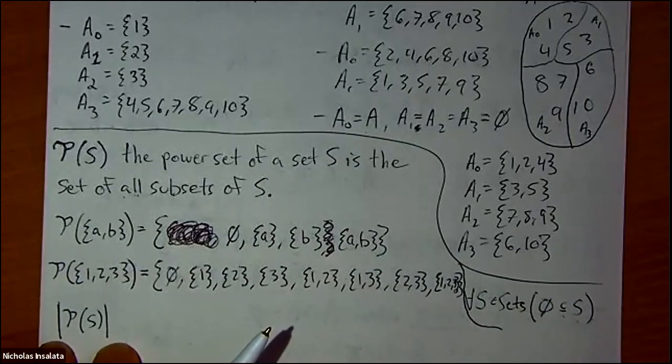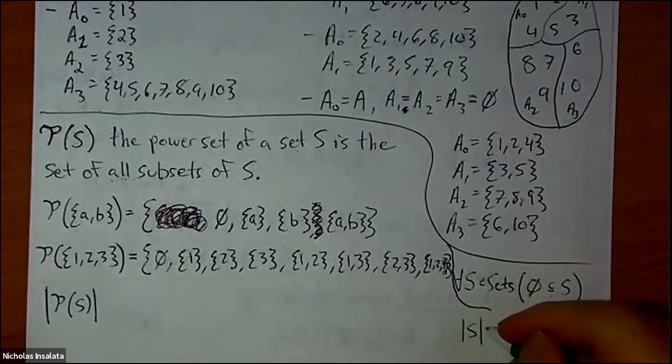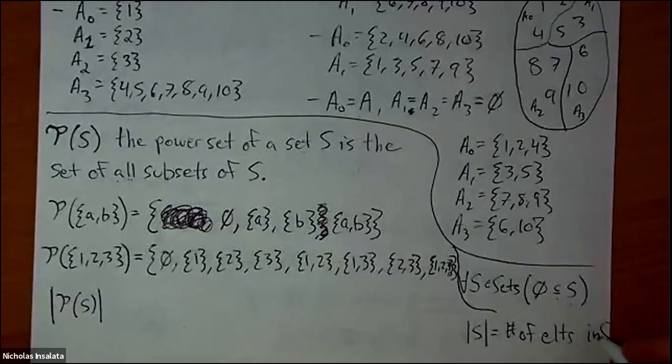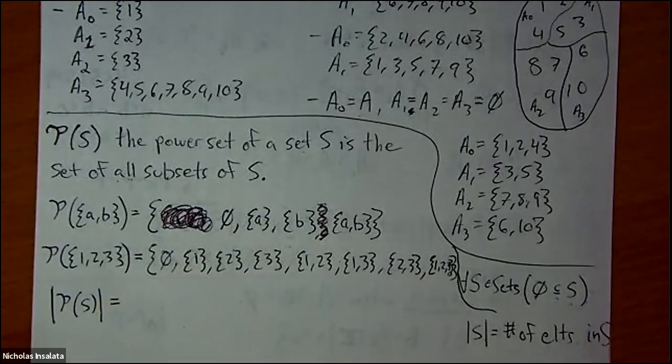I guess I should say that somewhere. The absolute value of S is the number of elements in S, right? Okay, so the size of the power set of a set is equal to what?